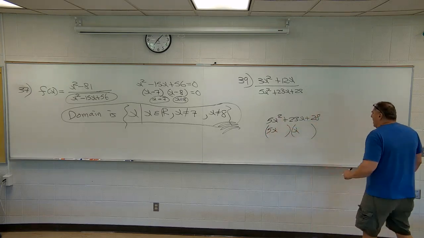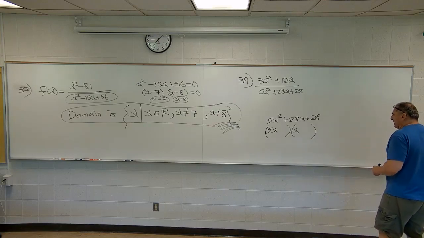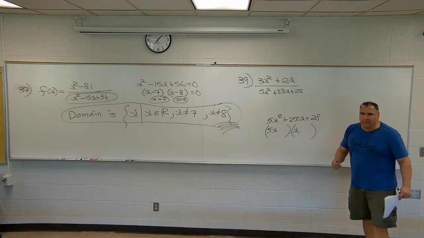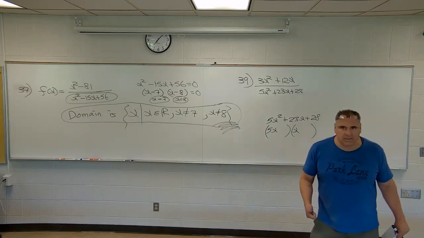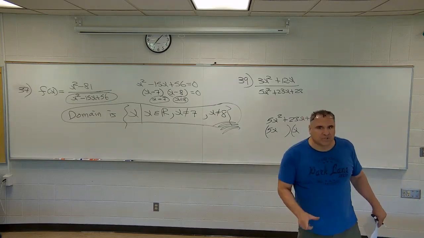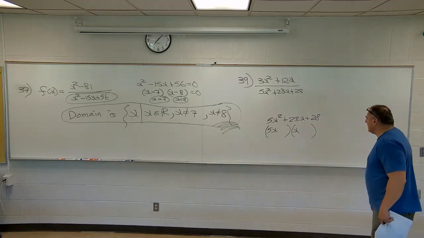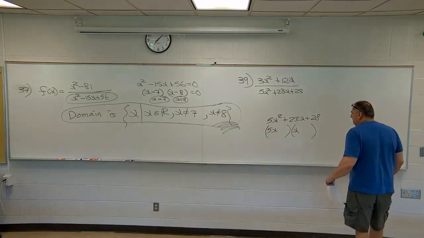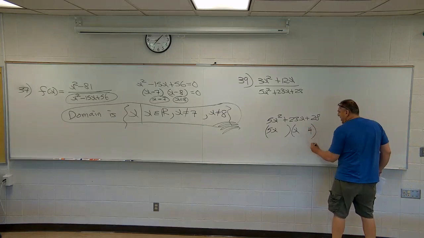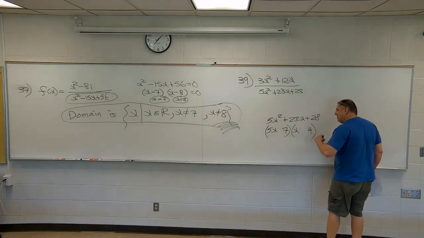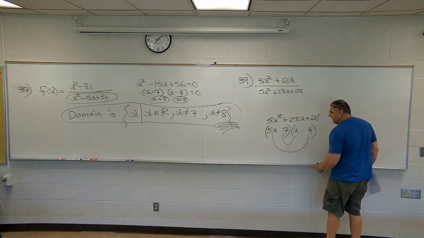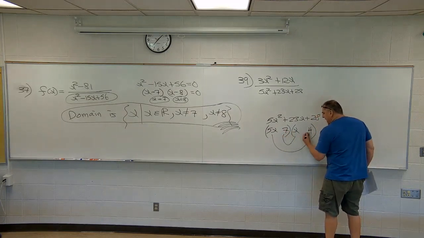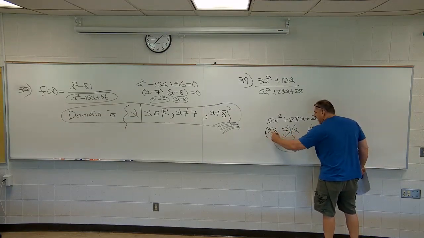I got to get 23 in the middle. 28 can break up as 1 times 28, 2 times 14, and 4 times 7. If I put a 4 here and a 7 here, the middle stuff doesn't work out, guys. 7x and 4 times 5x.